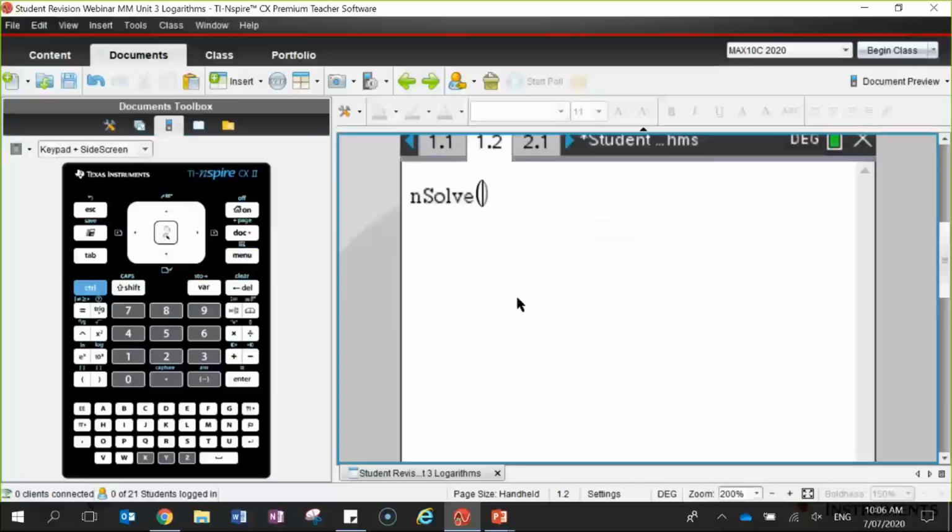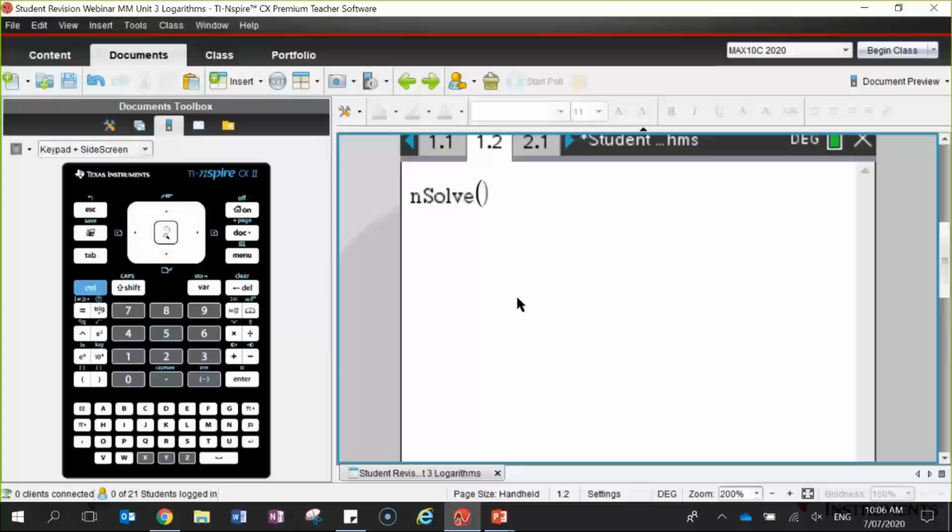Now this is a non-CAS calculator, and it will solve questions providing they're not going to end up with an algebraic solution as such. As long as we can get a numerical solution, we can still use our calculator to solve an equation.